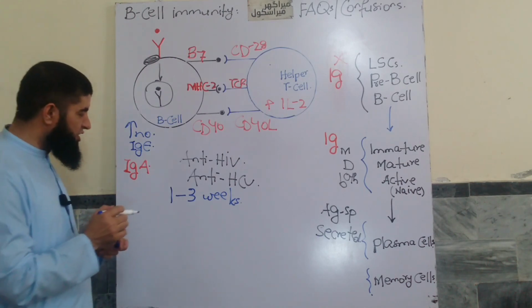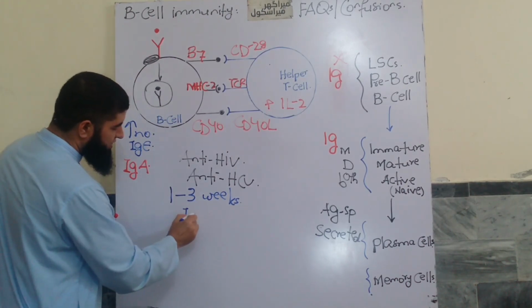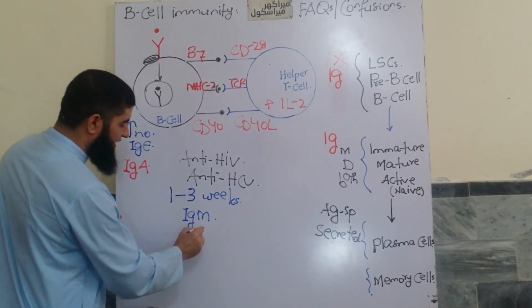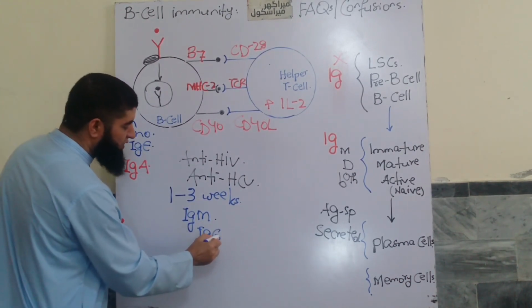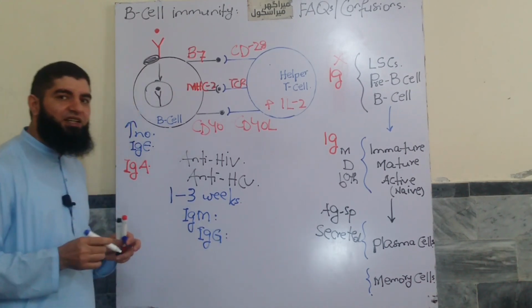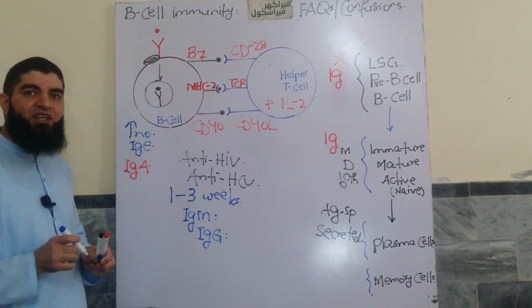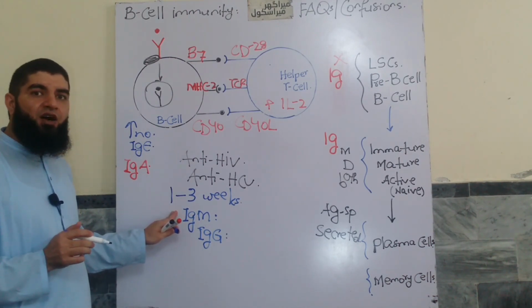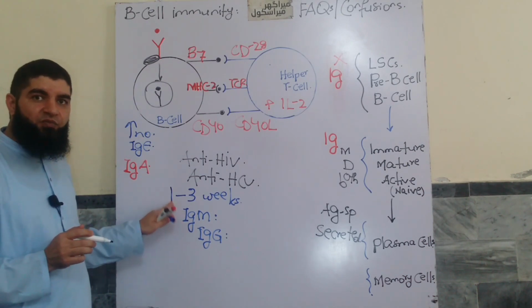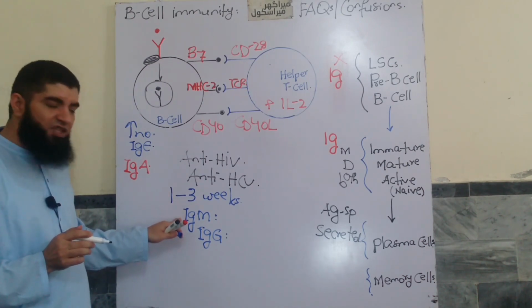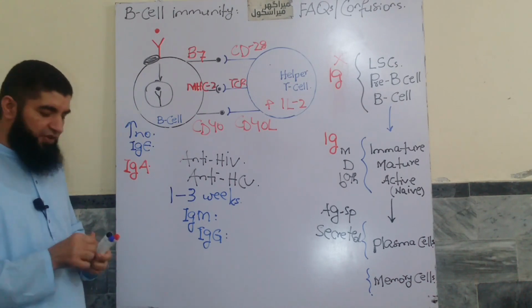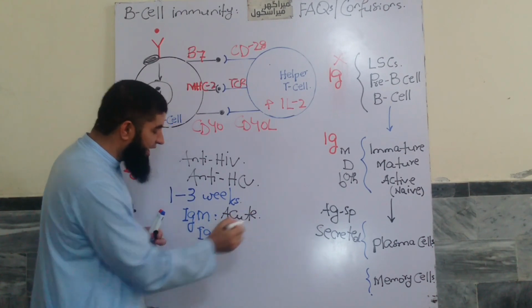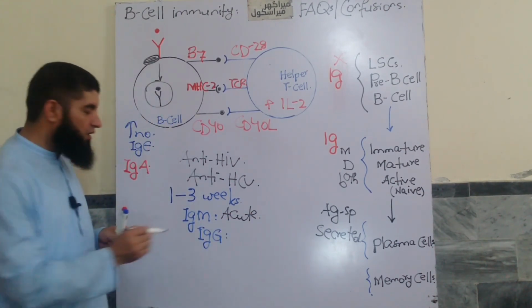In general, the first antibodies formed are the IgM type, and still later they form IgG, and we use that clinically for differentiating between acute and chronic infections. Since the IgM antibodies are formed acutely, we use them as a marker of acute infection, IgM for acute infection and IgG for chronic infection.